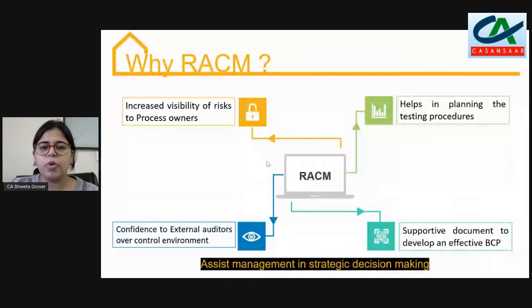These are a few pointers on why RCM is important and what the uses of RCM are. Now we will discuss how we prepare RCM. There are various components in RCM, and we'll discuss all of them one by one.